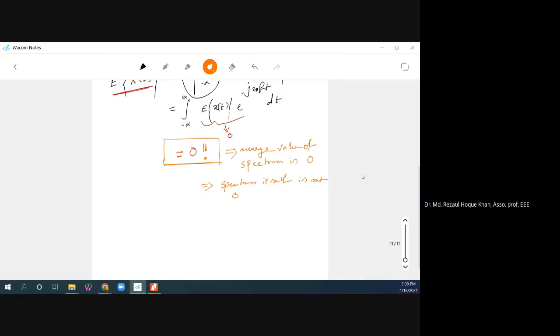Now the question is how to measure the spectral content of a random signal.